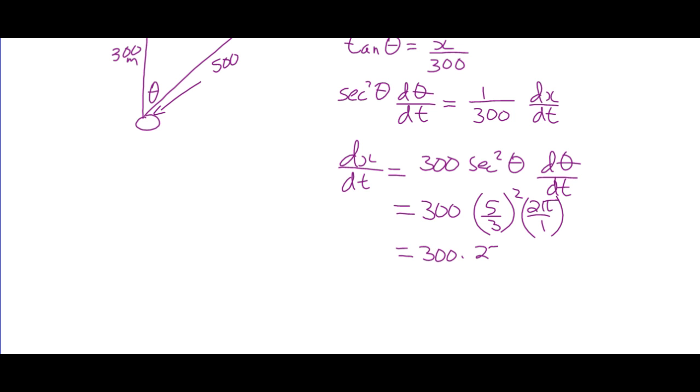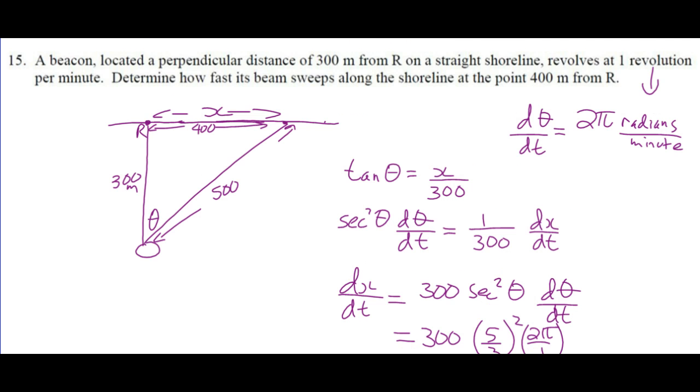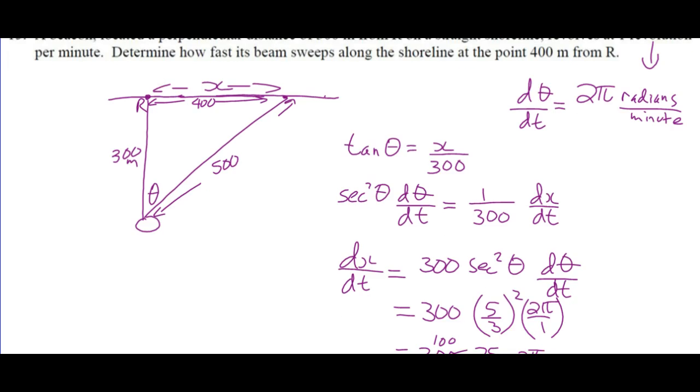Okay, 300 times 25 over 9 times 2 pi. 9, 3... 2,500. 2,500 times 2 is 5,000. So 5,000 pi over 3. And what units? Meters per minute.